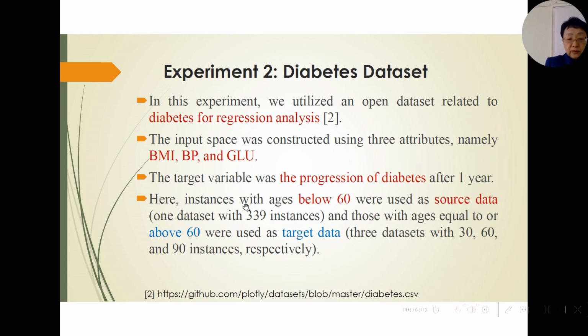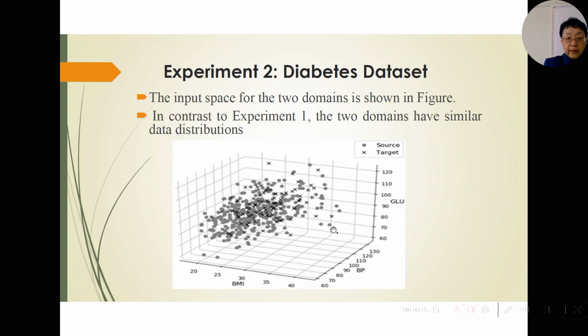Here, instances with age below 60 were used as source data, and those with ages equal to or above 60 were used as target data. The input space for the 2 domains is shown in the figure. In contrast to experiment 1, the 2 domains have similar data distribution.